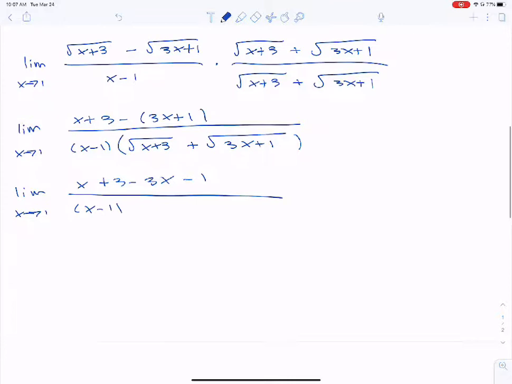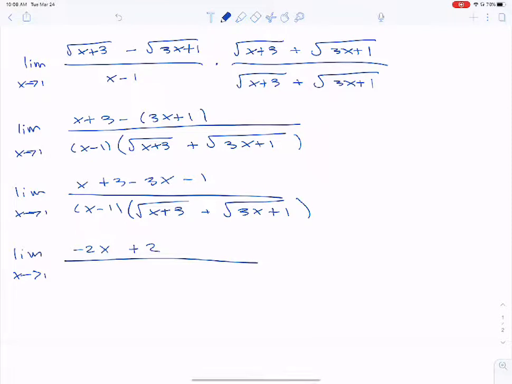If I did, I'm going to check before I go too much further because something looks a little bad. So this becomes, oh no, maybe it's okay. So in the numerator, it looks like I get negative 2x plus 2 all over that denominator.